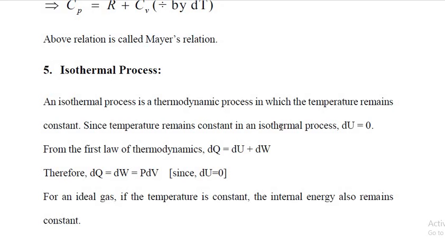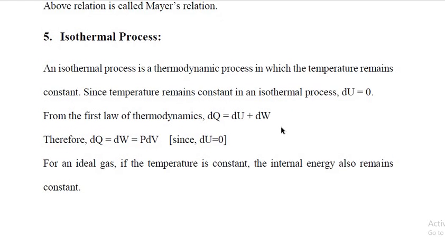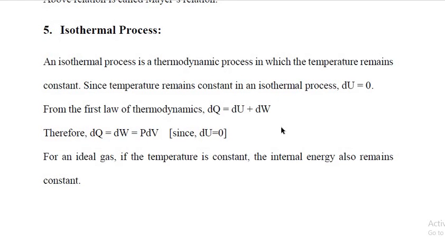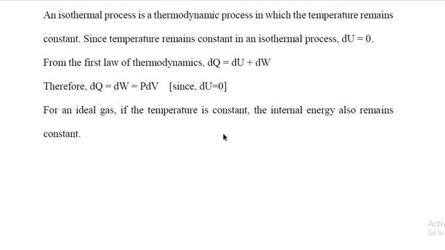Once again, from the first law of thermodynamics, dq is equal to du plus dw. Therefore, since du is equal to 0, dq is equal to dw, which is equal to P into dV. Thus, for an ideal gas, if the temperature is constant, internal energy is also constant.